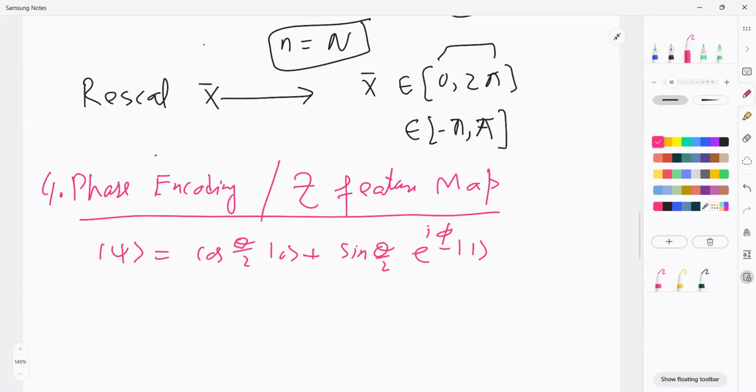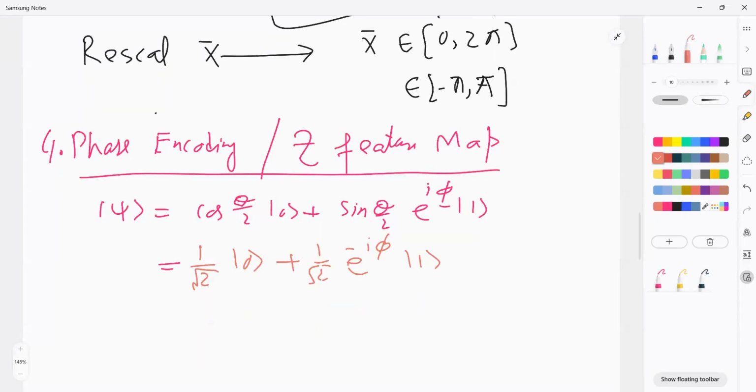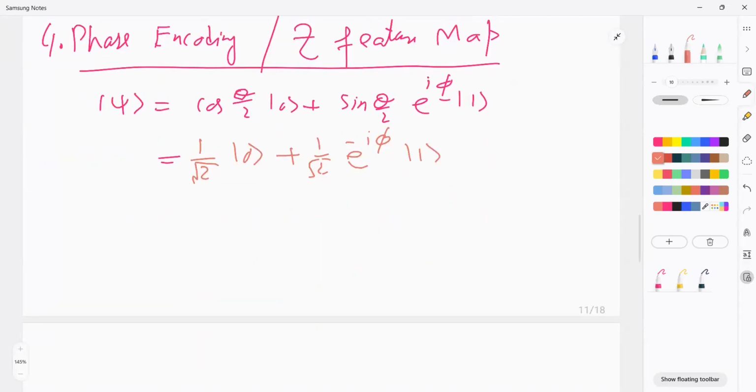So in this case, suppose we keep theta fixed so that it's cos theta by 2 is 1 over square root 2, 0 plus 1 over square root 2 exponential minus iota phi 1. And now, in this case, the state for the first qubit depends on the first feature.